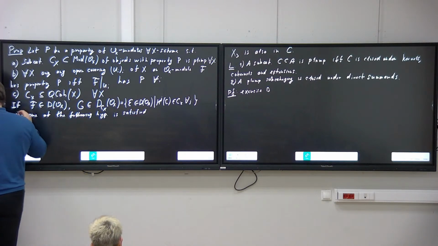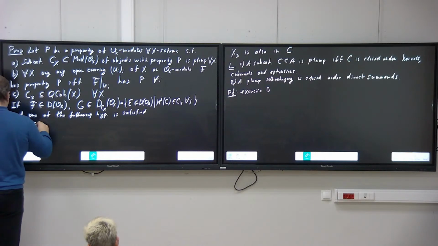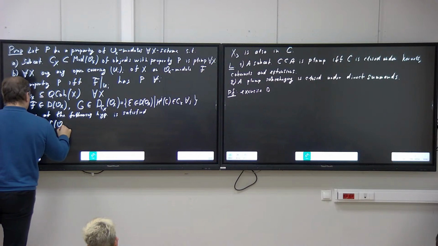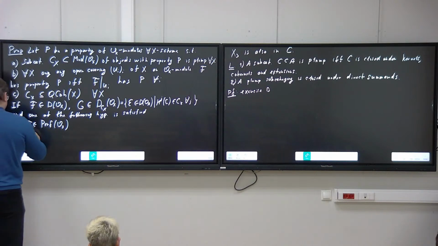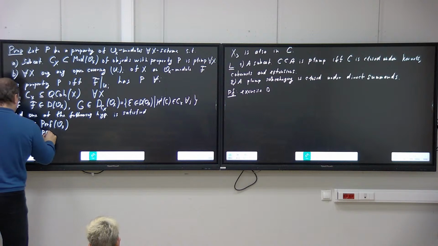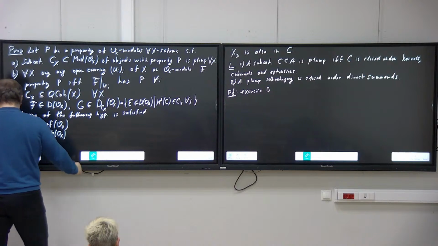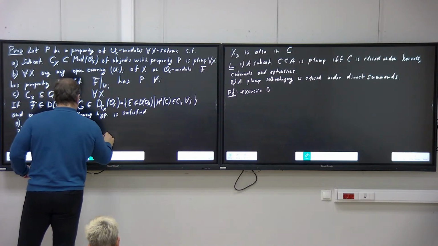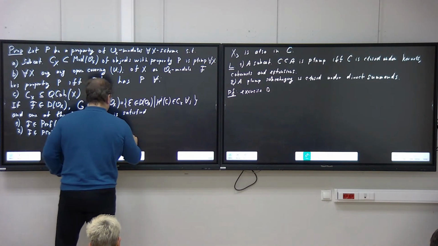First is that F is perfect, and second is that F is pseudo-coherent and G is locally bounded below.